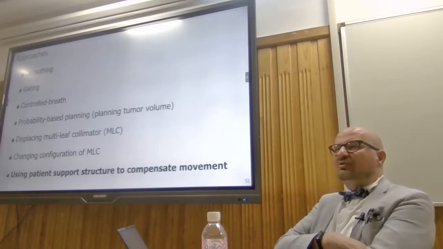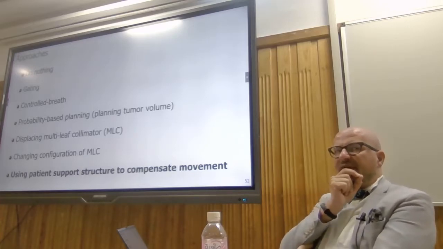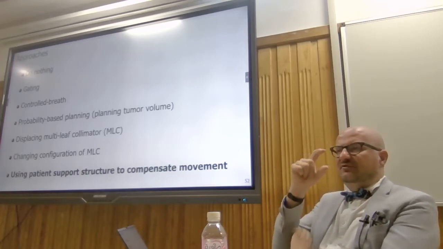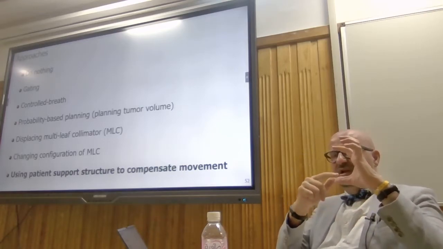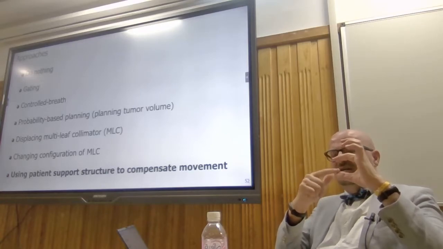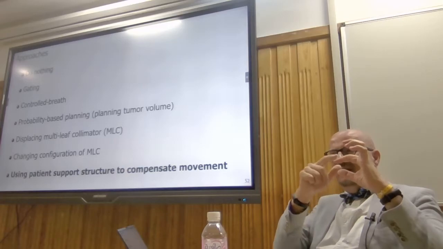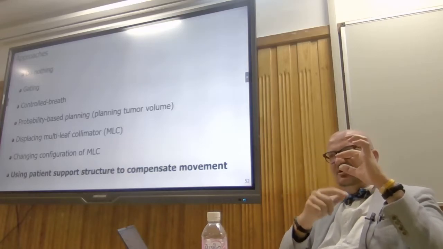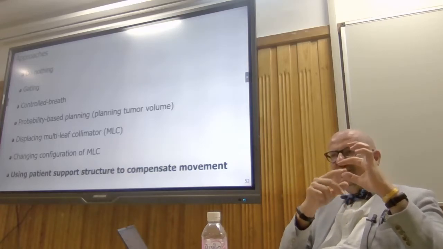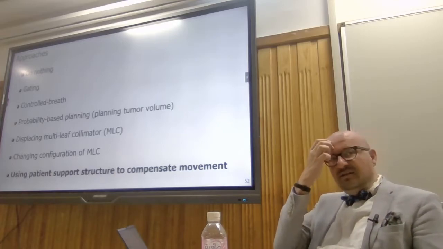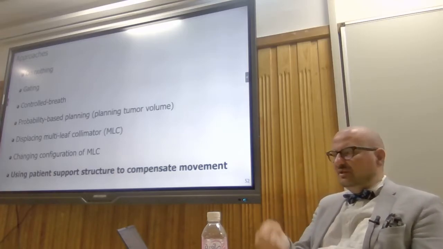So basically you calculate the position when your tumor is in a specific area, when it moves. And when it is here, you switch the device on, and when it goes up and down, you switch it off. So basically you switch this linear accelerator on and off all the time.